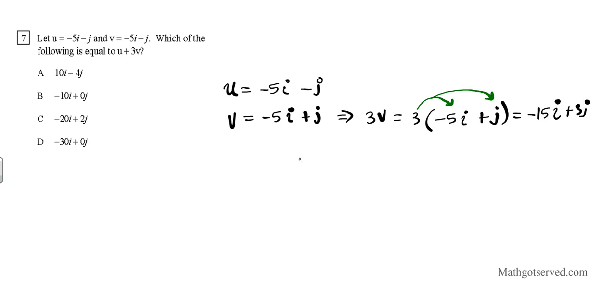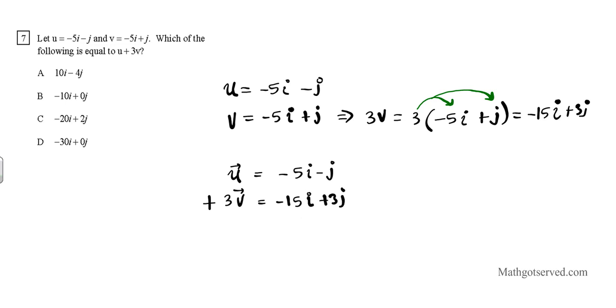Now we have to find the value of u plus 3v. These are vectors. So u is negative 5i minus j, and 3v, as we found here, is negative 15i plus 3j.